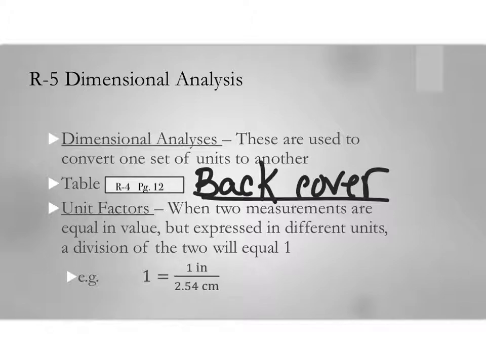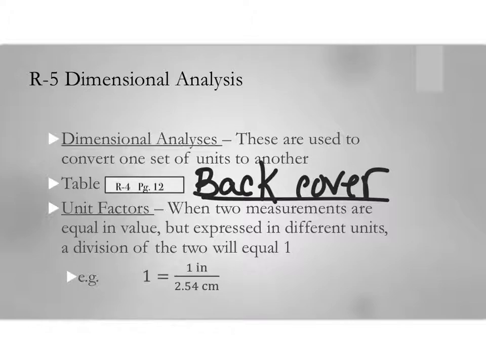If I take one piece of something that is 1 inch long and I cut it into the number of pieces that it takes to have a length of 2.54 centimeters, it would be the exact same length, so it would just be one of those pieces cut into itself.